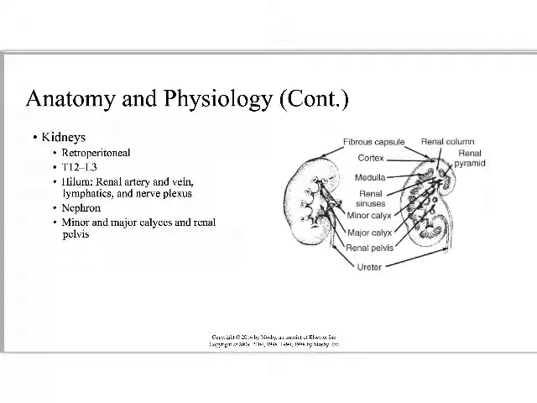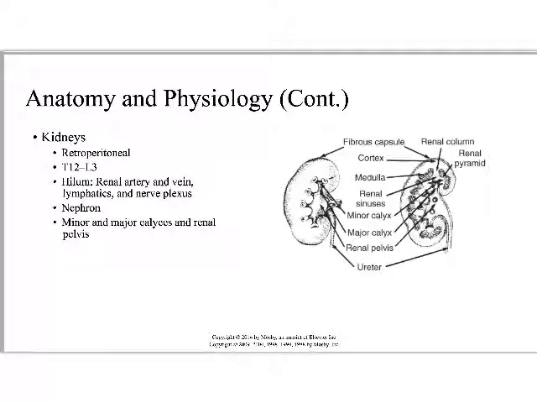For the most part, when we're accessing this system, we're accessing it in a retrograde fashion. So we're watching as a urologist runs a cystoscope up into the ureters and then into the renal pelvis. Since they are working through the ureter, they're winding up in the renal pelvis, but they're still in the area of the hilum.